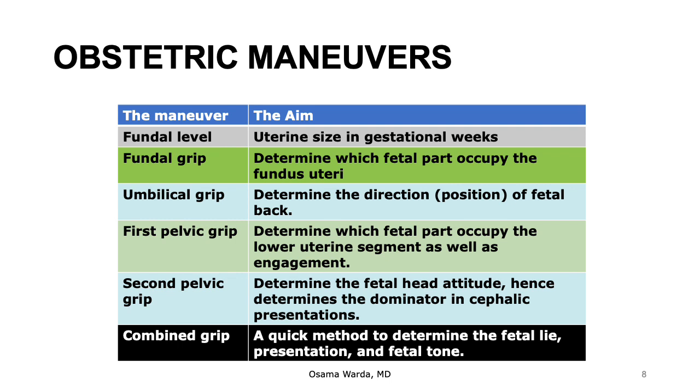It cannot be done in non-cephalic presentations. A combined grip is usually used by experienced specialists, which aims to shorten the time of examination, and by one maneuver he can determine the lie, the presentation of the fetus, and to some extent the attitude of the fetus.